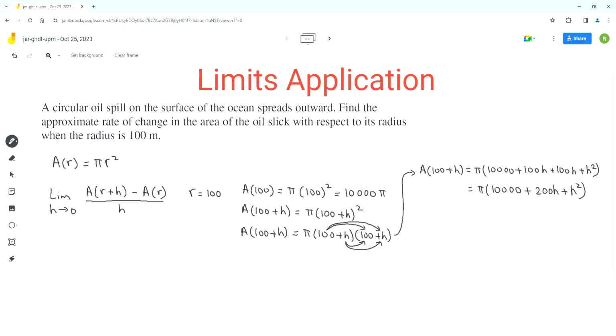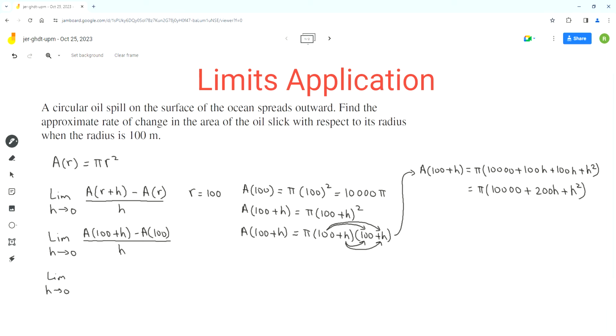So now we can use the expression that we wrote. First we can sub in r as 100. So it's basically A(100 + h) minus A(100) over h. Now we can sub in the expression. So limit h approaches 0.